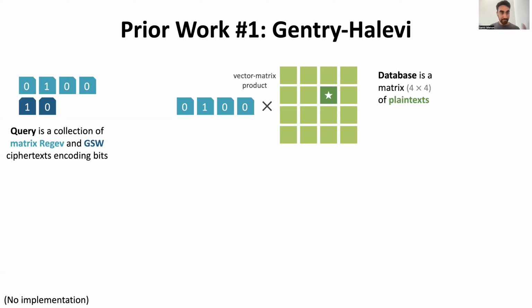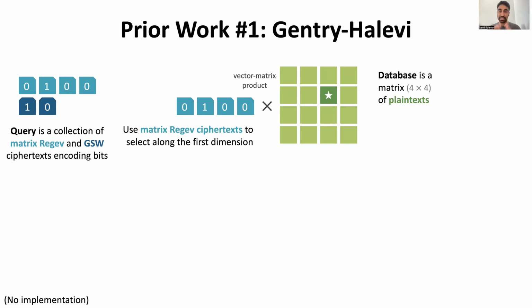We can use the Regev ciphertext to select along the first dimension. Here, we're multiplying a vector of ciphertexts by a matrix of plaintext, right? So we're selecting this second row. Since the ciphertexts are being multiplied by plaintext, that's not really a multiplicative homomorphism.